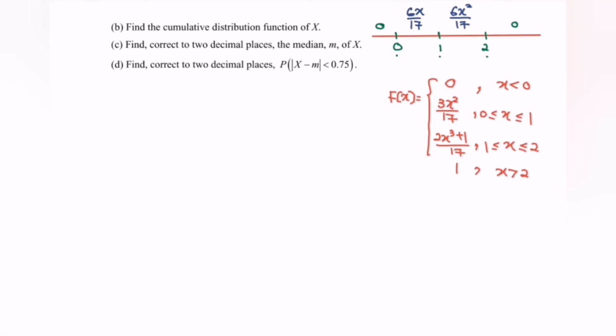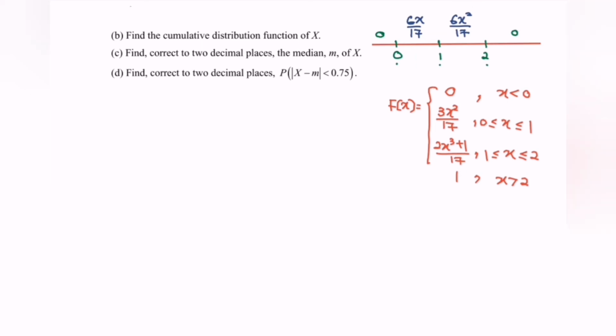For question D, find, correct to 2 decimal places, the probability that the modulus of x minus m is less than 0.75. So previously, we already determined the value of m, which is 1.55. So define the situation. The probability that x minus 1.55 is greater than negative 0.75, less than 0.75.